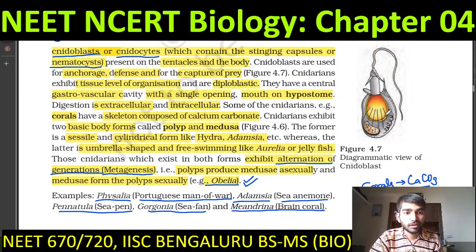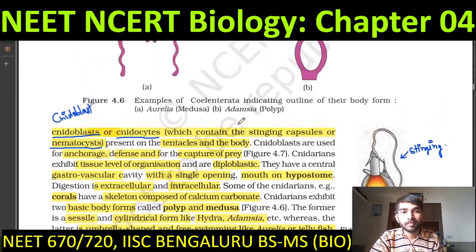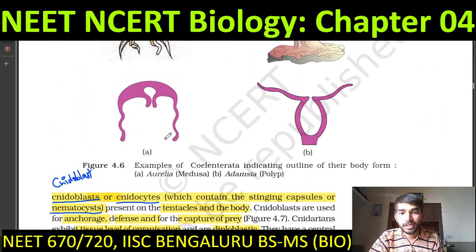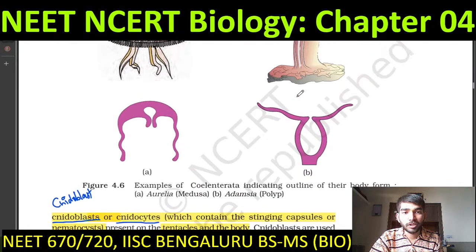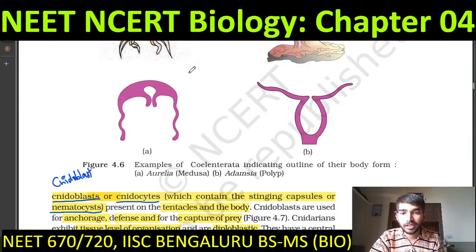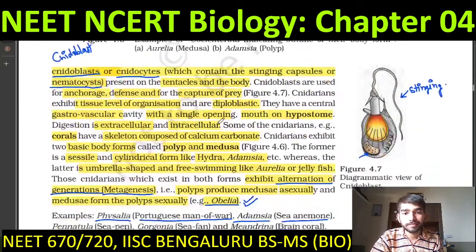And this is the structure of a cnidoblast. This is, I think, the mitochondria. This is the stinging structure. And these are the different forms. This is the Aurelia form, which is the medusa, and this is the Adamsia or the polyp form. I think this is sea anemone, and this is Aurelia or the jellyfish.